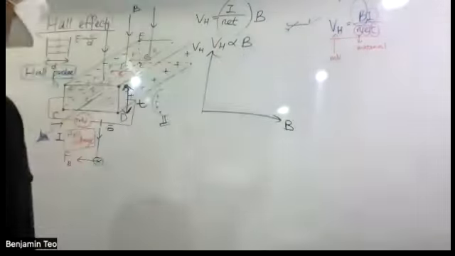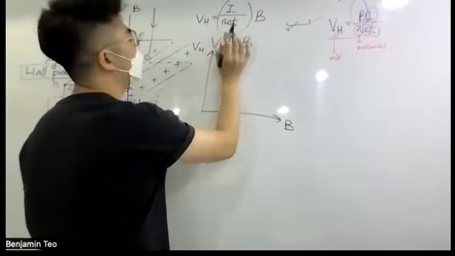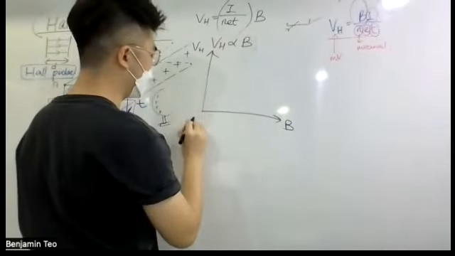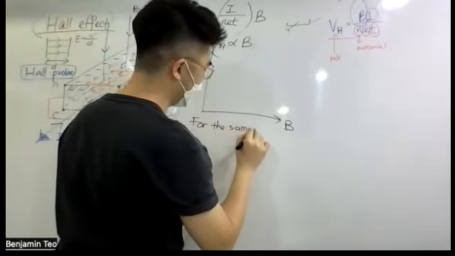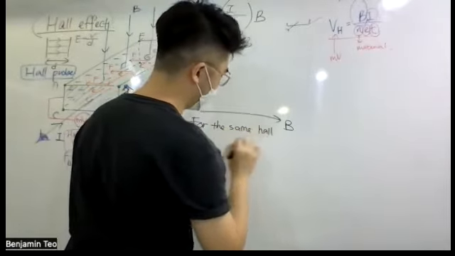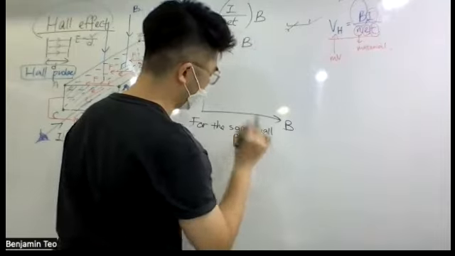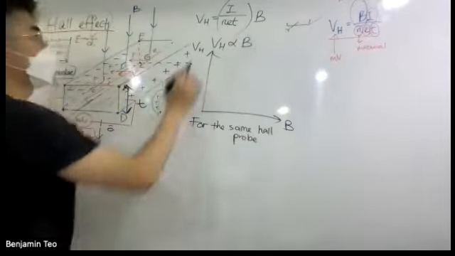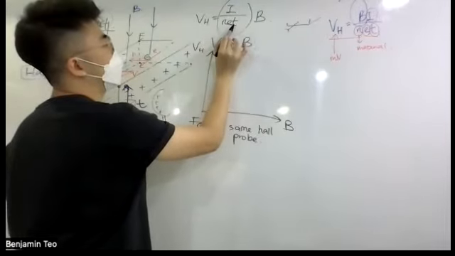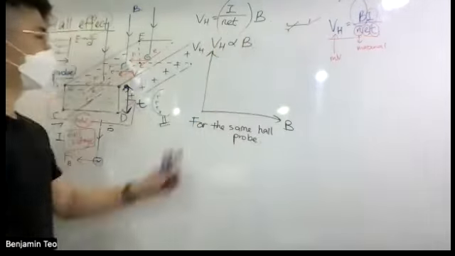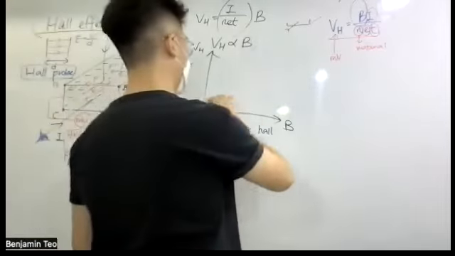What line do you get? This is a constant for the same Hall probe, because same material, same thickness, same dimensions, same current. I will get a straight line graph.